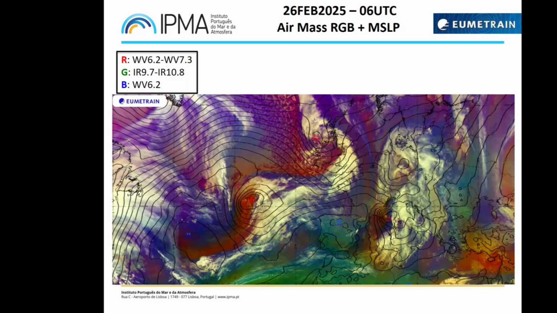With the mean sea level pressure, we can identify the low pressure systems associated with the troughs I mentioned before. There is one north of Azores, which is moving southeast and will affect Iberia tomorrow. Another one over British Isles, which is also moving east and southeast.